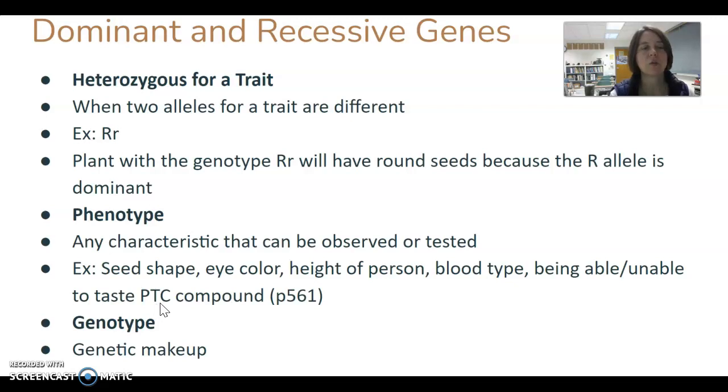So if you get one allele for tasting this bitter compound, you'll be able to taste it. And if you get two recessive alleles, then you will not be able to taste it. So the genotype is which two alleles you get, and the phenotype is whether you taste it or not.